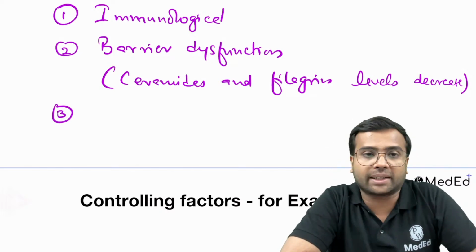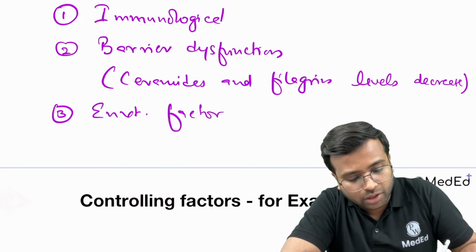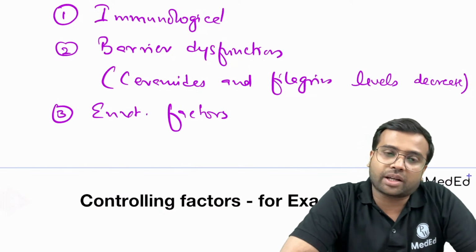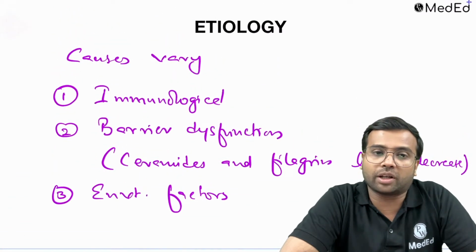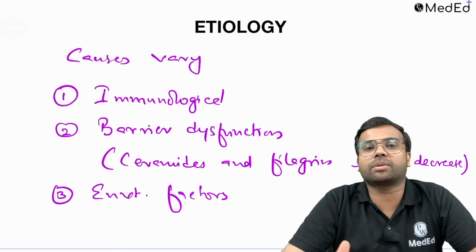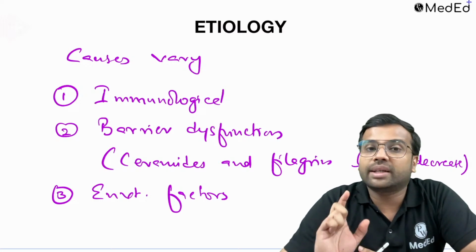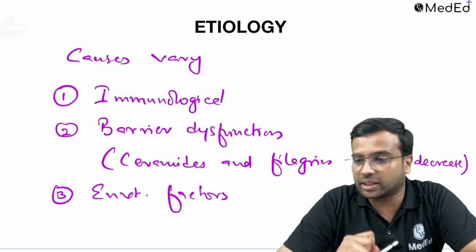And along with that, some environmental factors also play a role. So immunological mechanisms play a role, barrier dysfunction plays a role, as well as environmental factors, in the etiology of atopic dermatitis.